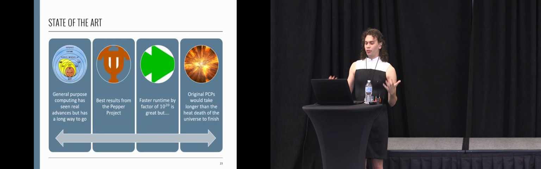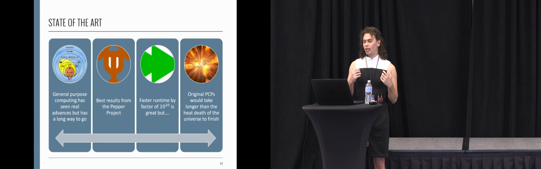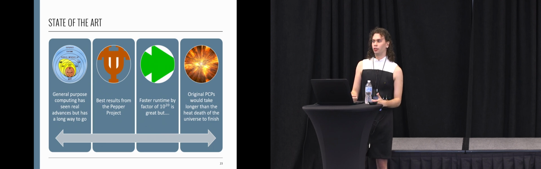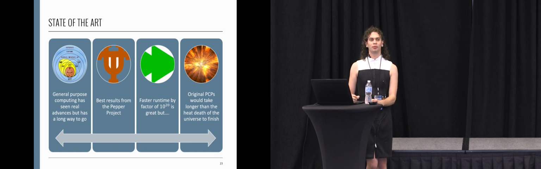For general purpose computation, the state of the art is something called the Pepper project out of the University of Texas, Austin. It has made massive breakthroughs on the theoretical complexity of verifying general purpose computation. They introduced a specific paper that decreases the runtime by a factor of 10 to the 20.